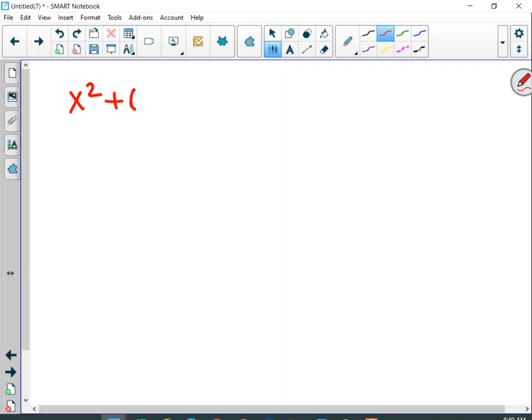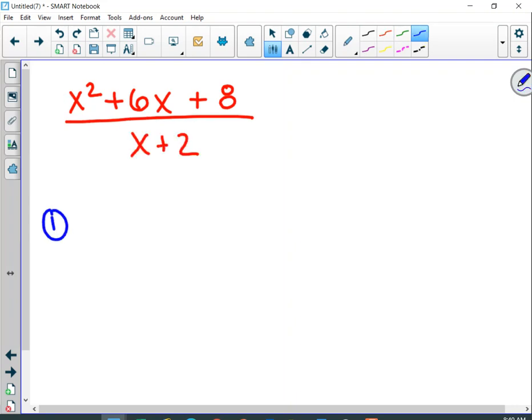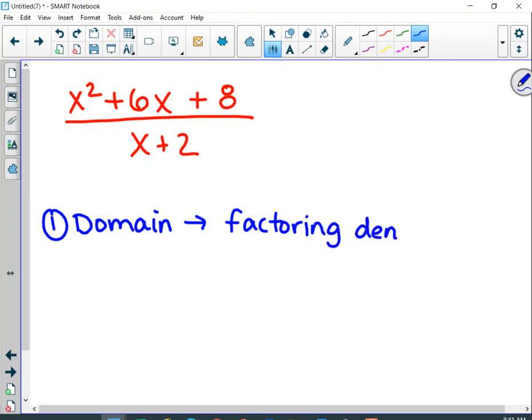So let's take a look at this first problem. What was that, a +8, right? Okay. So number one, we find the domain, and in the process of finding the domain, sometimes that's going to require factoring the denominator.